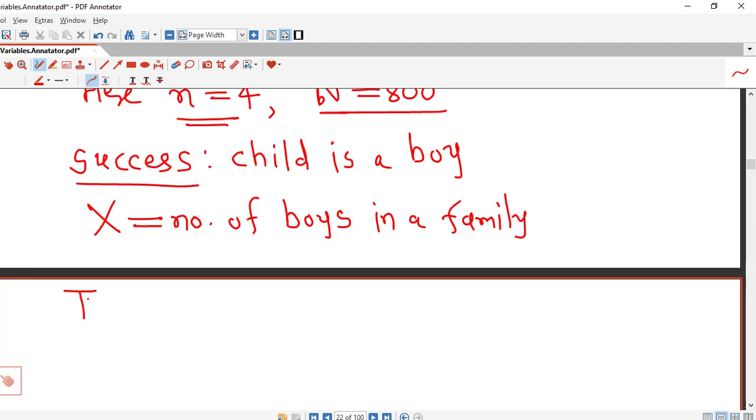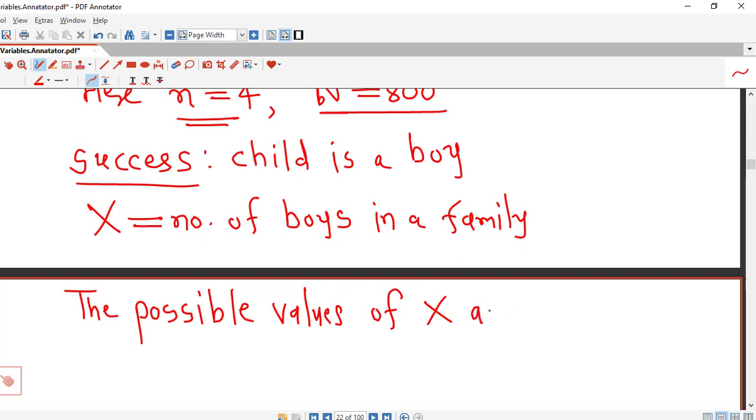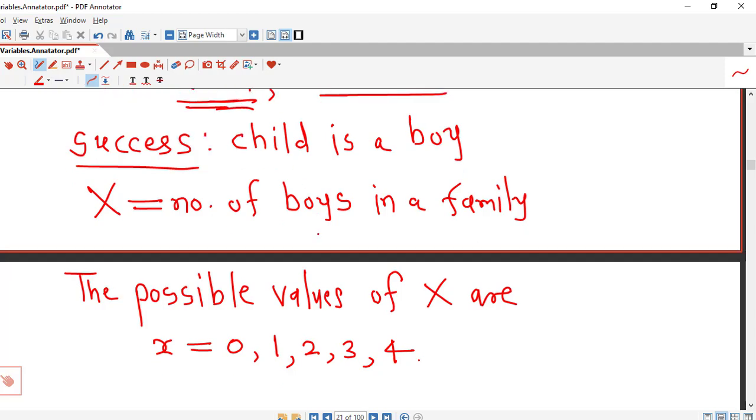So the possible values of the random variable X will be from 0 to 4. There are chances that in one family there is no boy, that means X is 0. There may be one boy, 2 boys, 3 boys, and the maximum possibility is 4 because there are a total of 4 children in each family.